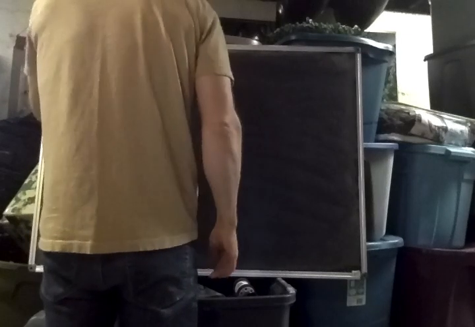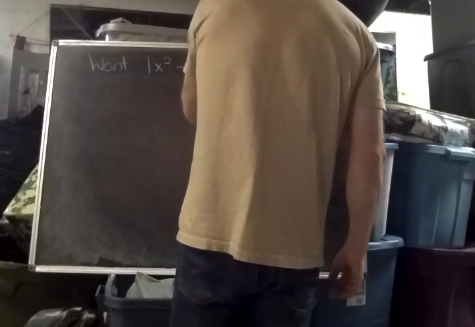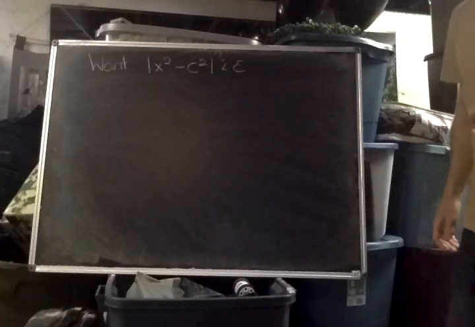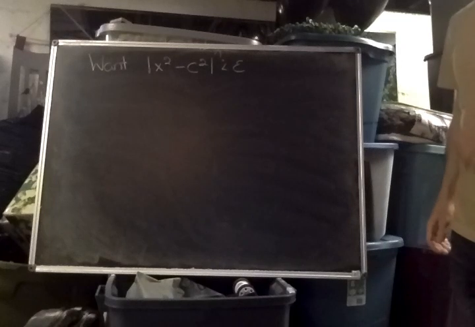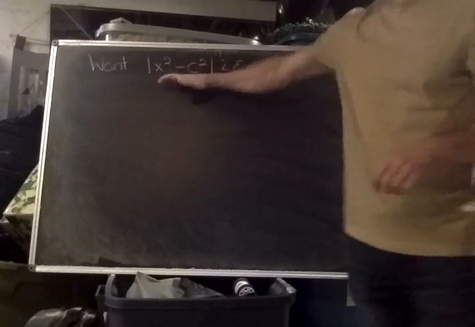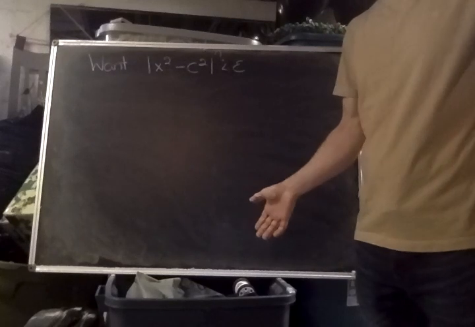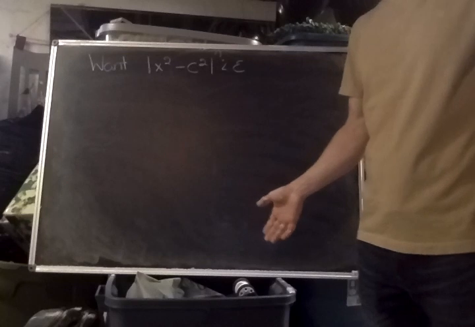Right, so we want the absolute value of x squared minus c squared less than epsilon. Okay, so let's start having a look at this quantity here. And what you want to do, first of all, is somehow make absolute value of x minus c appear. All right, and this is not too hard.